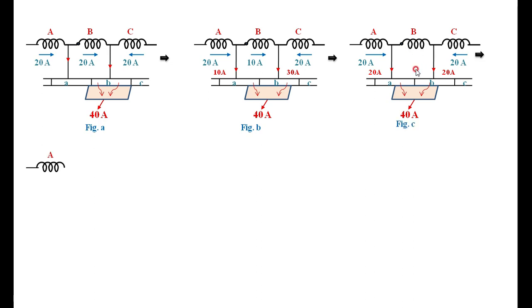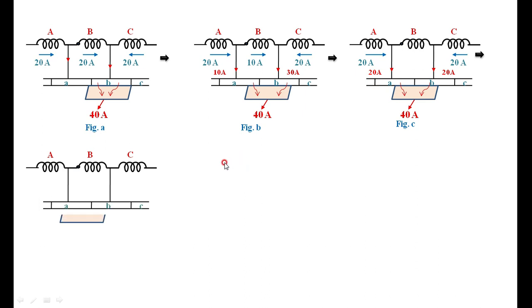Now, as the coil moves further, the majority of the brush is in contact with commutator segment A. In that case, 20 amperes is collected from A and 20 amperes from C, out of which only a very small portion is in contact with the brush at B. Therefore, only 10 amperes is collected by commutator segment B, and the remaining 10 amperes flows through coil B. Just observe the direction of the current.